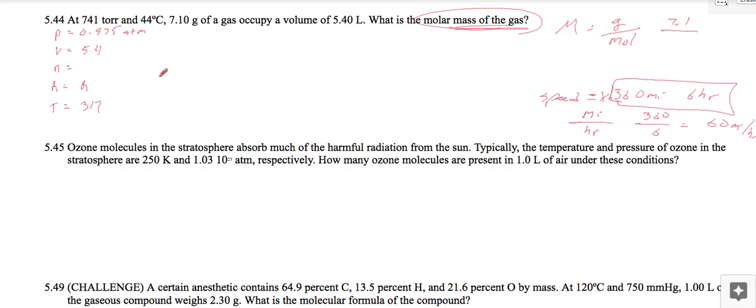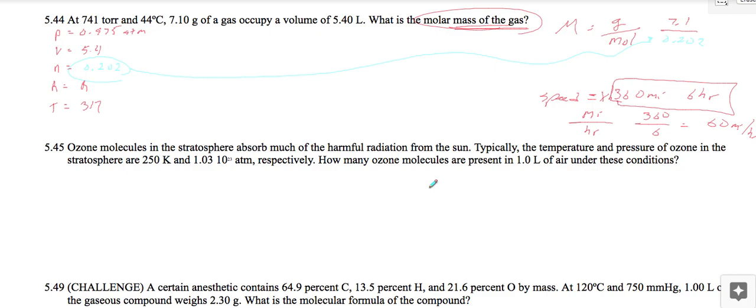We come up with a value of 0.202. Sorry guys, had to look that up. I hope you can read that. So 0.202 gets plugged in right there.